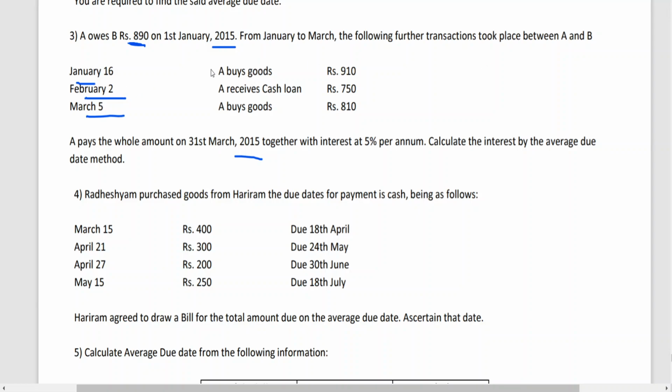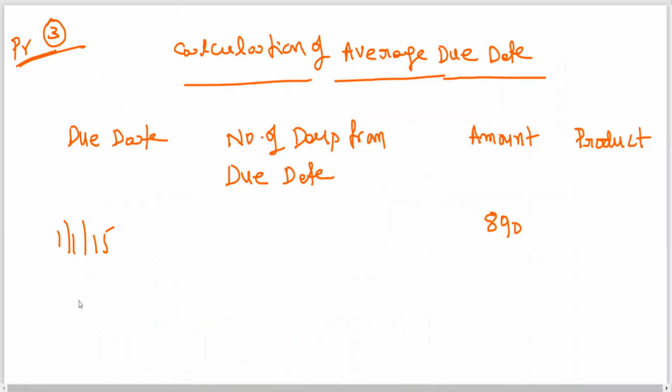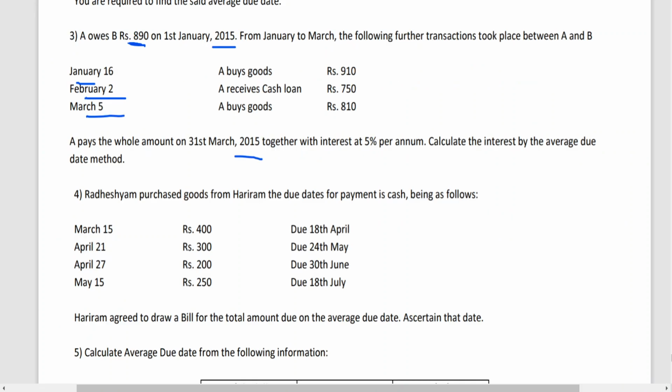Right. Now, A buys goods January 16. So first let me write these due dates. Then 16th January 15. What is the amount we have here? 910 rupees.